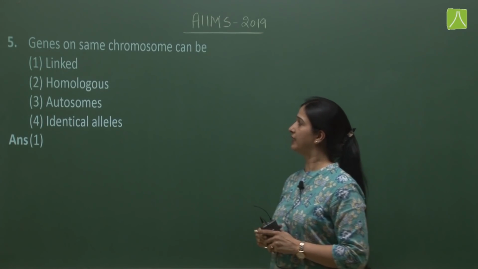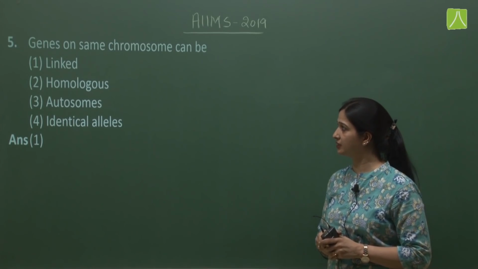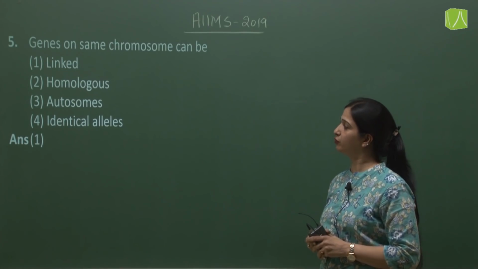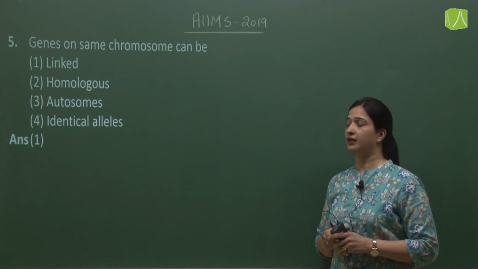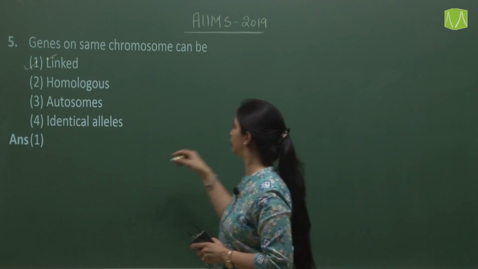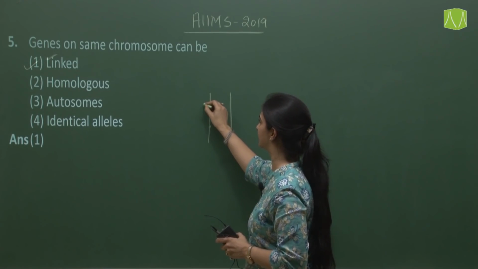Let us see question number 5. Genes on the same chromosome can be, first is linked, second is homologous, third is autosomes, and fourth is identical alleles. Here the correct answer will be linked genes. The genes which are present on the same chromosome, they can be linked.